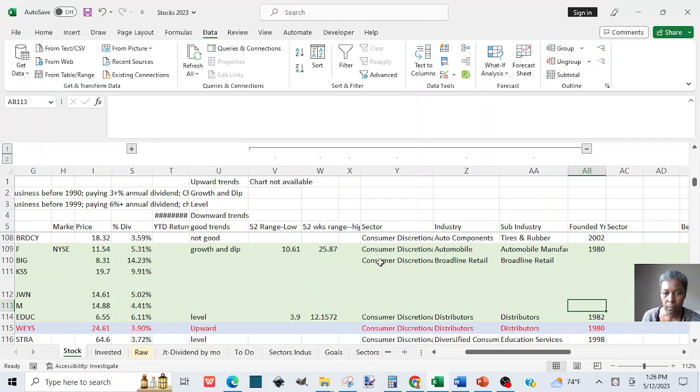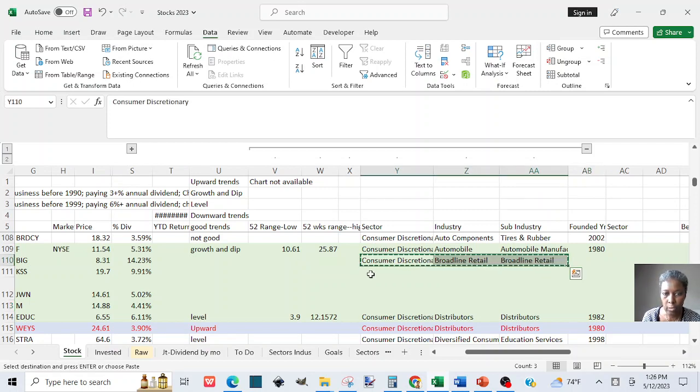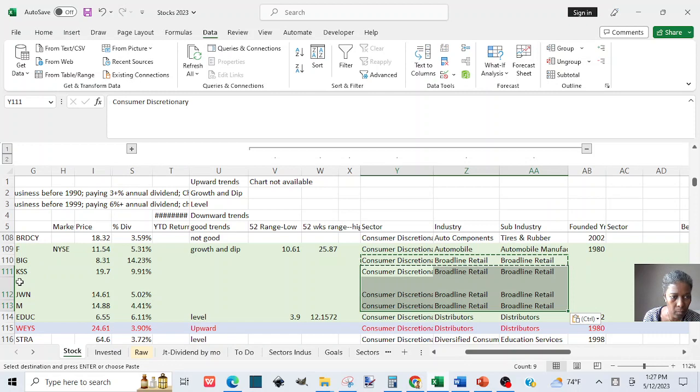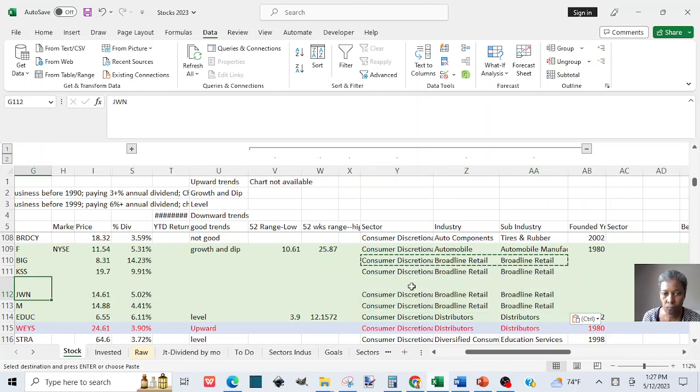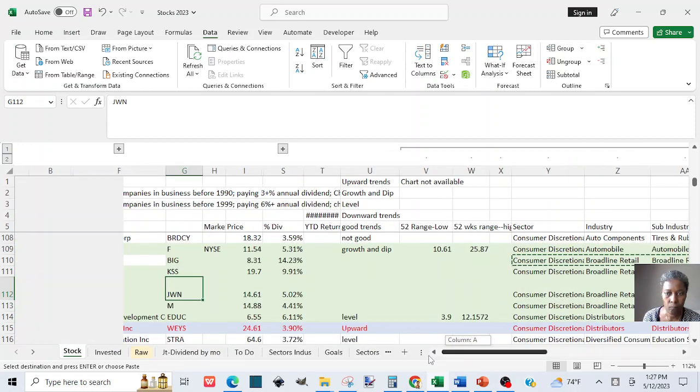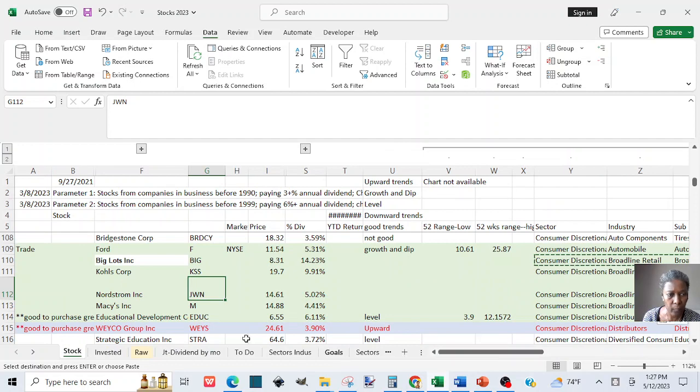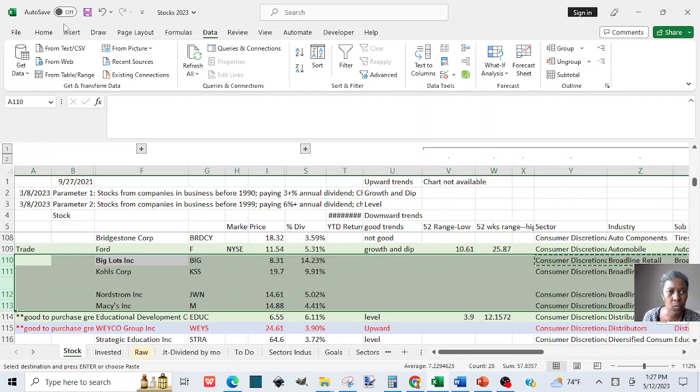And I will just copy the sector, industry and sub-industry, and paste. And I can just make those white.